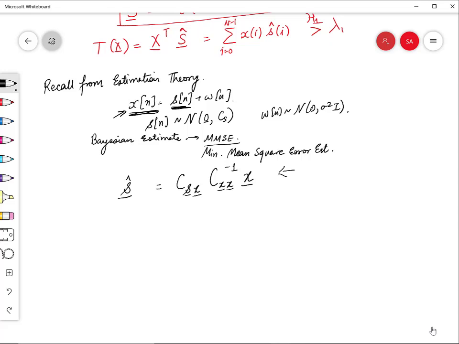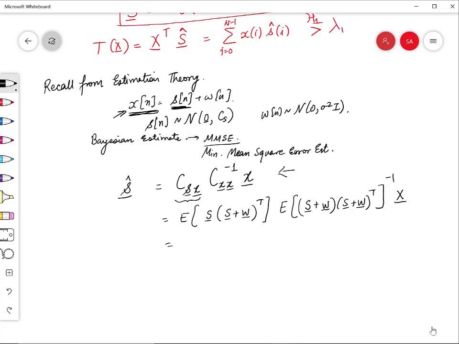And if you solve this further, the covariance of s and x is the expectation of s vector times (s plus w vector) transpose, where s is our real vector, and the covariance of x is the expectation of (s plus w) times (s plus w) transpose, and then taking the inverse of this expectation times x.